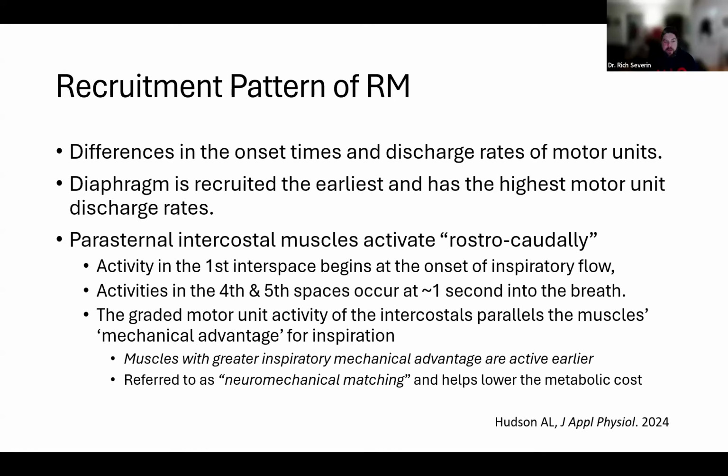We call this neuromechanical matching. Basically, maintaining the ideal pennation angle, in a sense, of the intercostals acting on the rib cage. So again, it shows you there are a lot of things coordinated very intricately, and we do it all to make sure that we match breathing at the lowest energy demand possible.